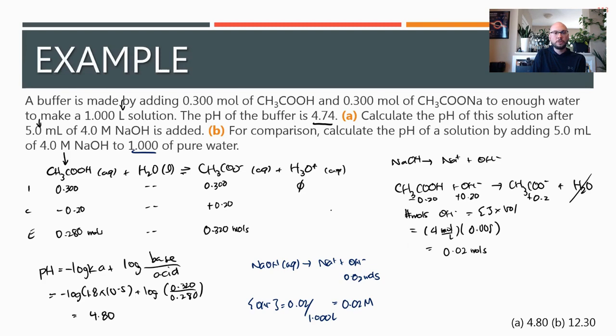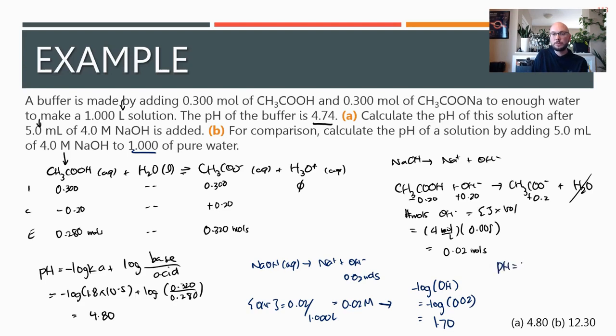So if we want to figure out the pOH of this, we would go negative log of our OH minus, in this case, negative log of 0.02. So negative log 0.02 works out to be 1.70. Okay, and that's our pOH, right? Because we just took the log of our OH minus.